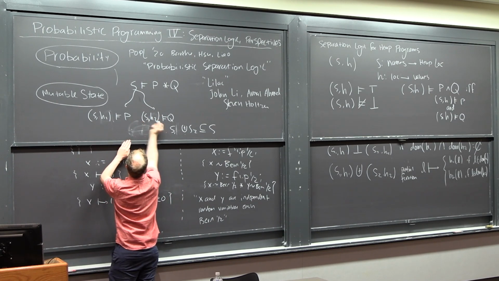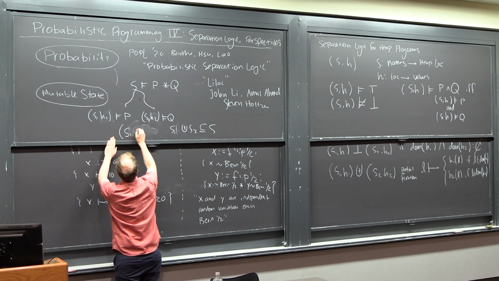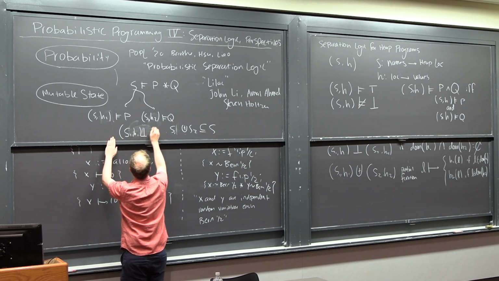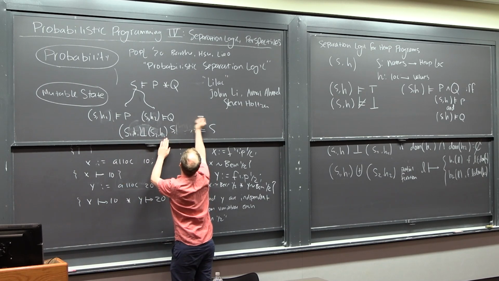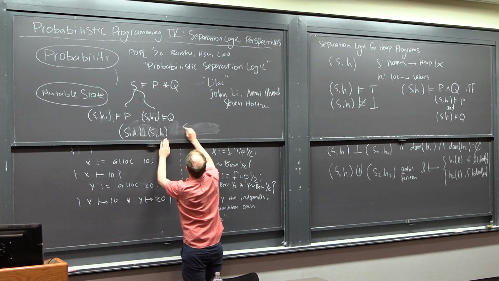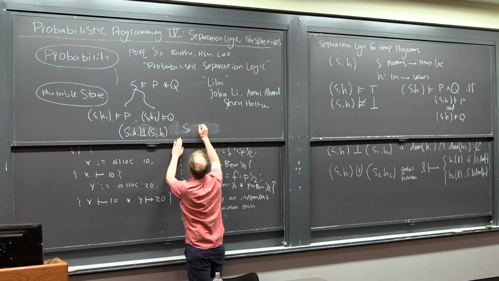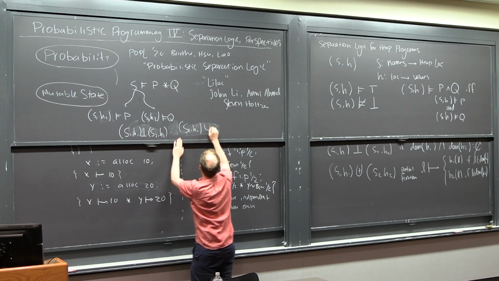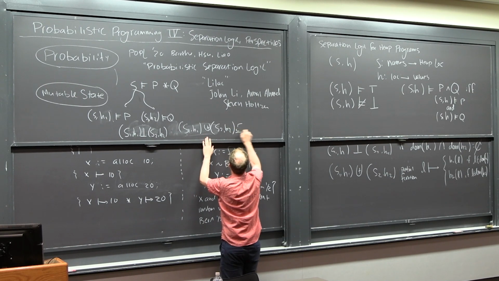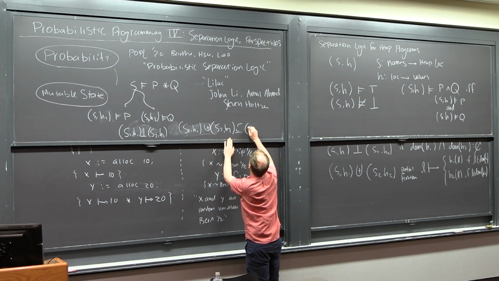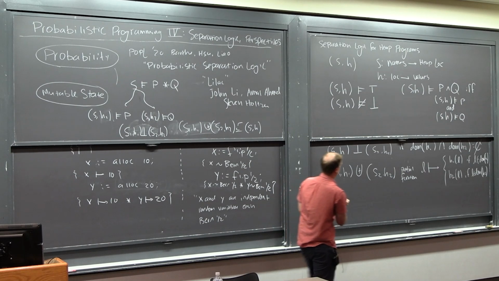And then let's define it on configurations. S1 comma H1. And then the same thing will have to happen here. S1 comma H1 disjoint union S2 comma H2 less than S comma H. Okay, now everything type checks.